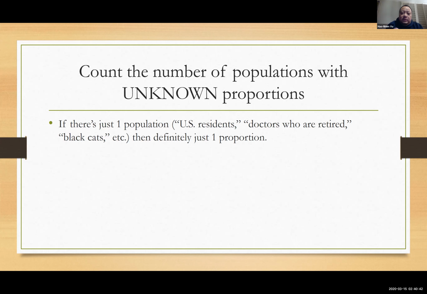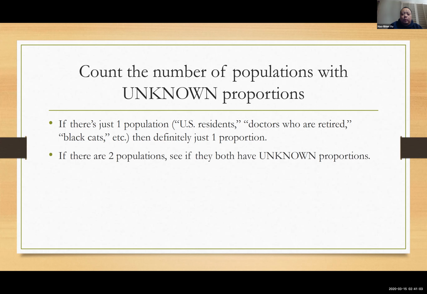Then that's automatically a one proportion problem. So for example, the whole question is about one kind of population such as US residents or doctors who are retired or cats that are black, or cars that are hybrid, whatever, then definitely that's just one population to deal with, and that's just one proportion.